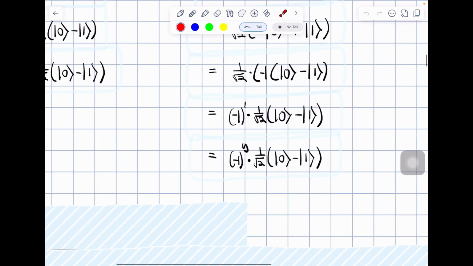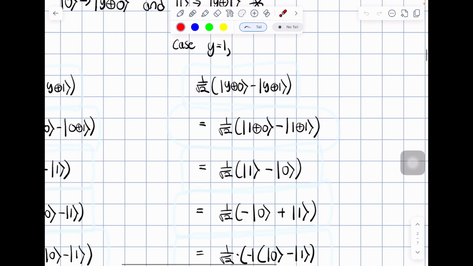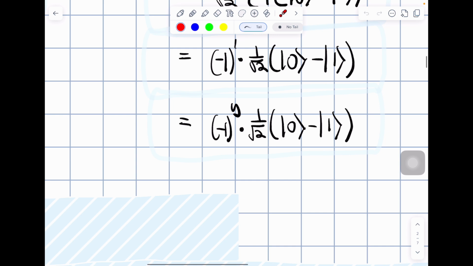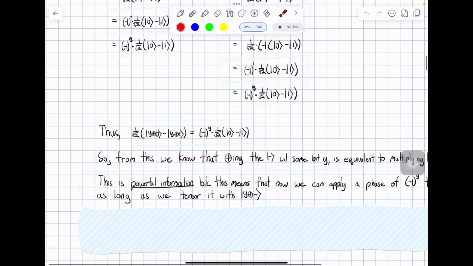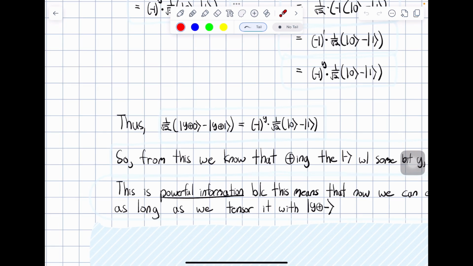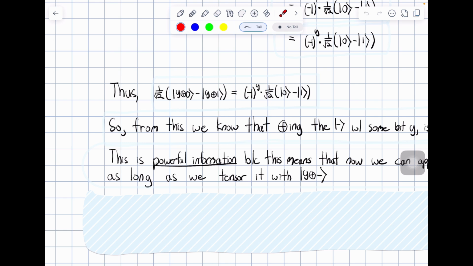And then, since this is the y equals 1 case, we can also write this as negative 1 to the y power times the minus state. Thus, we have just proven that 1 over square root 2 times y XOR 0 minus y XOR 1 equals negative 1 to the y power times the minus state, where y is either 0 or 1.